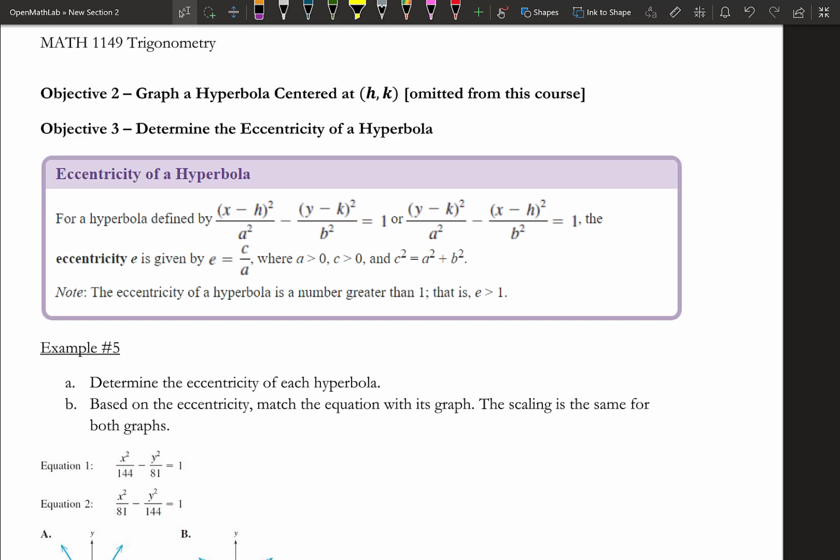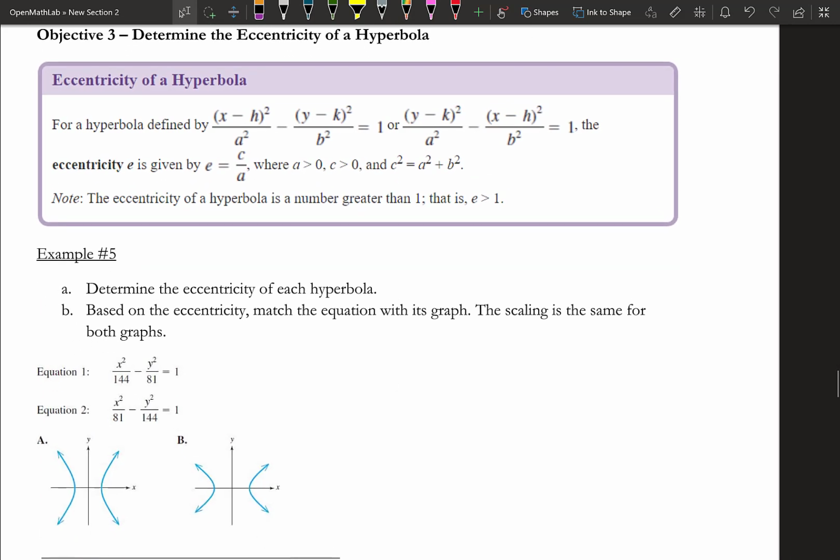So then moving on to the next objective, which is objective 3. We want to determine the eccentricity of a hyperbola. So for the hyperbola defined by x minus h quantity squared divided by a squared minus y minus k quantity squared divided by b squared equals 1, or the opposite, the other equation there, the eccentricity is given by the formula e equals c divided by a, where a and c are both positive, and c squared equals a squared plus b squared.